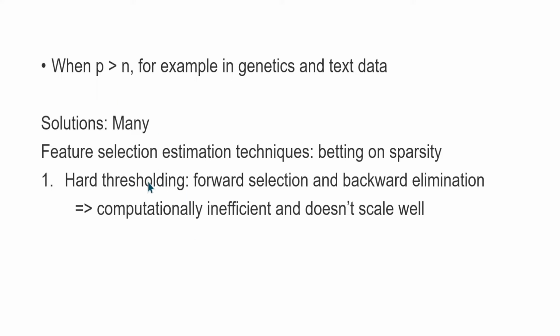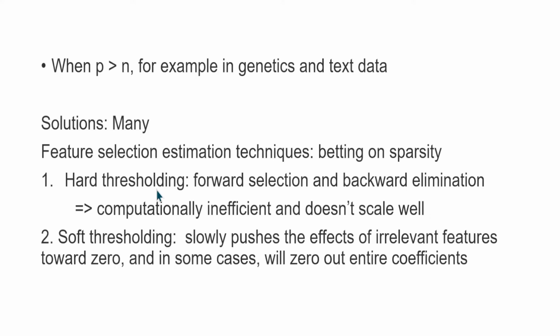In that context, this hard thresholding method is not efficient. It's computationally inefficient, and the problem is it doesn't scale well. If this happens, your coefficients will fluctuate and your prediction will be erroneous.